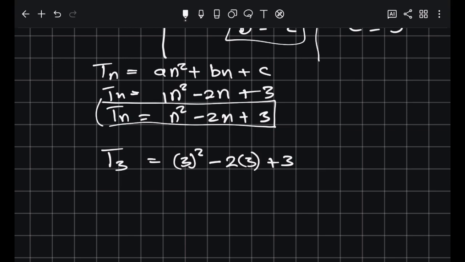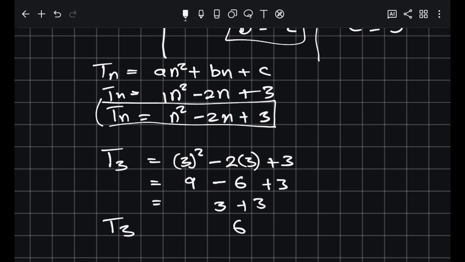Let's work it out. 3 squared is 9, minus 2 times 3, that's 6, plus 3. 9 minus 6 is 3, plus 3, that's 6.